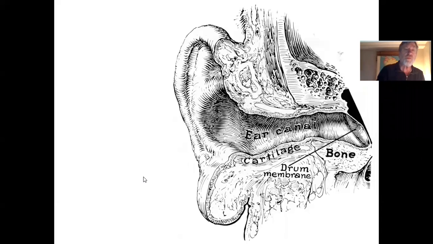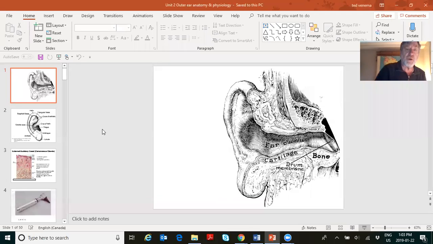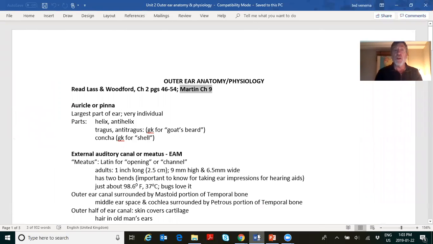So let's look at what our notes say about that. Let's see if I can get to our notes. Here we go. Auricle or pinna, the largest part of the ear, very individual. And look at the parts: the helix, the antihelix, the tragus, antitragus, Greek for goat's beard, tragus, and the concha bowl.